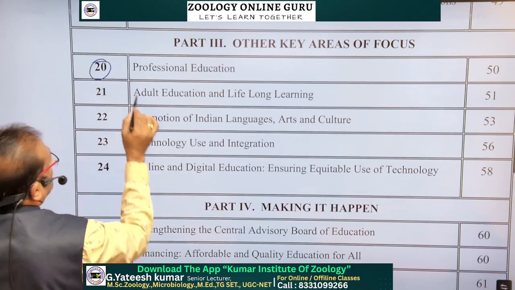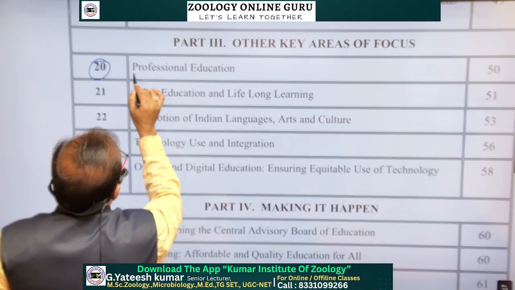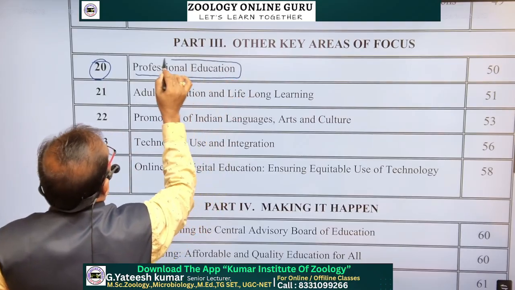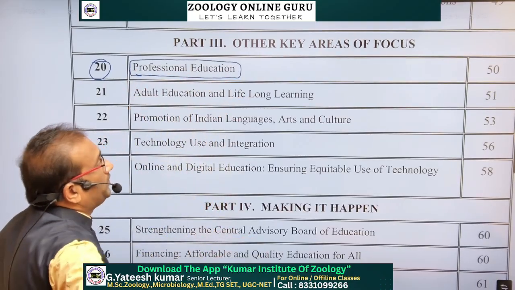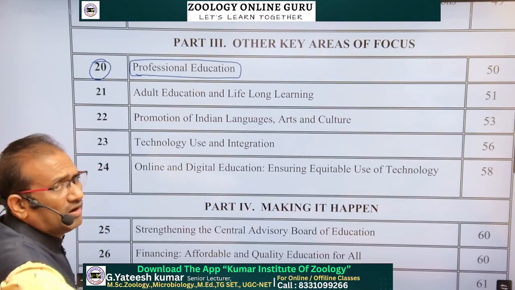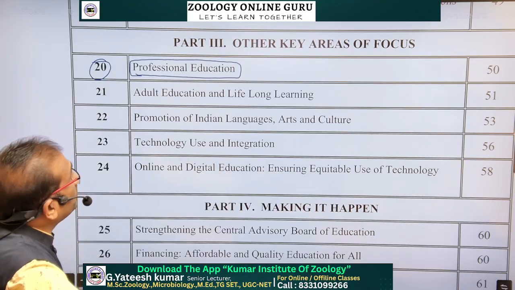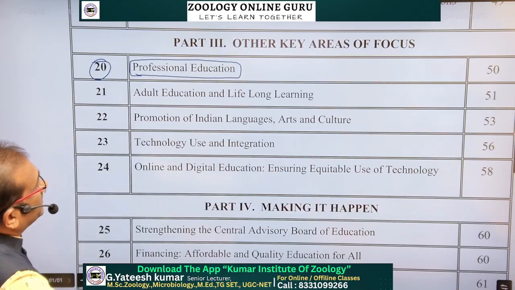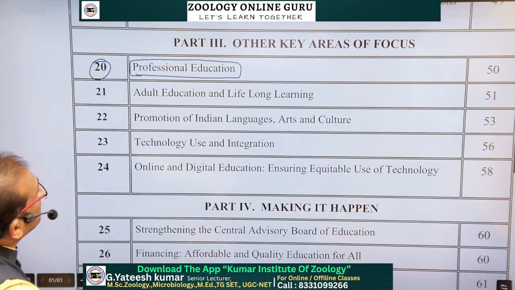Chapter 20 deals with professional education. See, NEP 2020 focused on all areas of education. Here professional education is also emphasized.